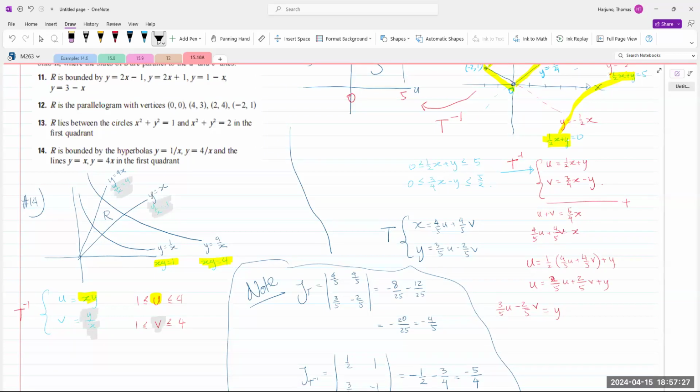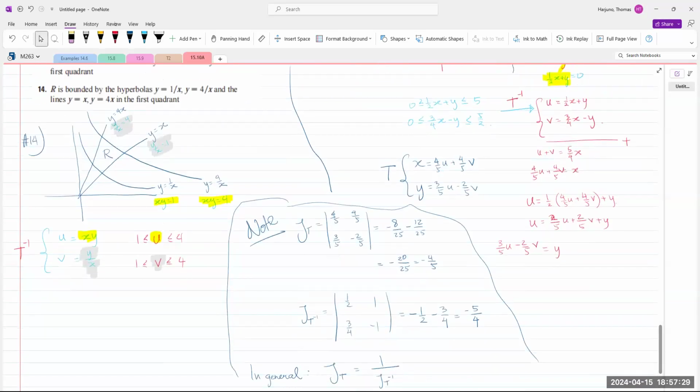So our S right now is a square, 1 to 4, 1 to 4, on the uv plane.